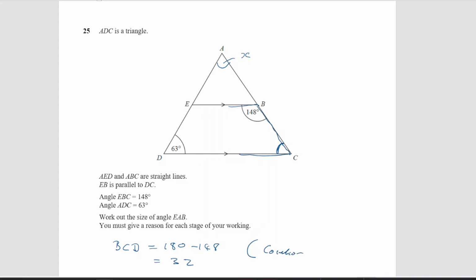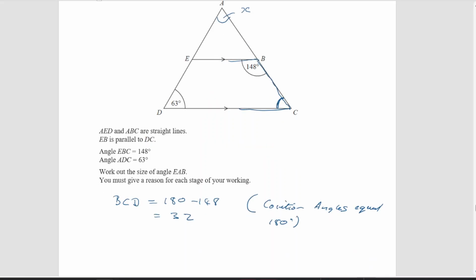Co-interior angles add up to 180. And then I'm going to say that now that I know that that angle there is 32, I've got angles in a triangle. So EAB is going to be equal to 180 minus the sum of the other 2 angles, 63 plus 32.